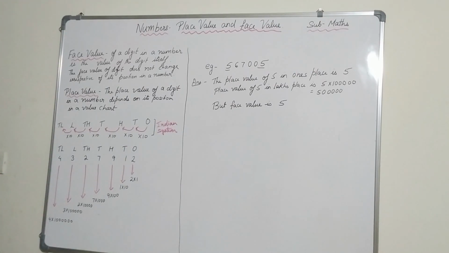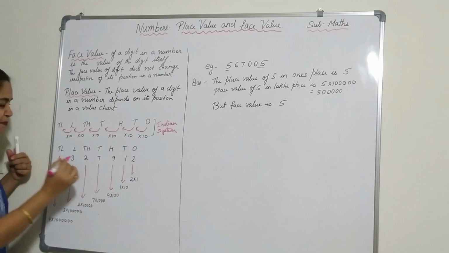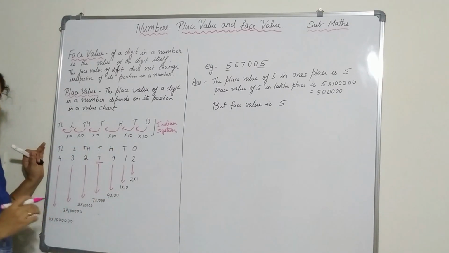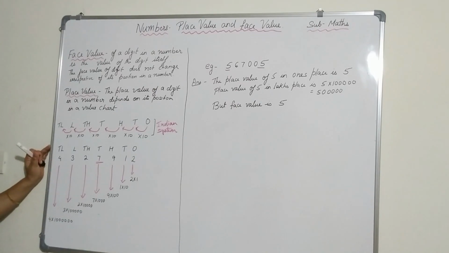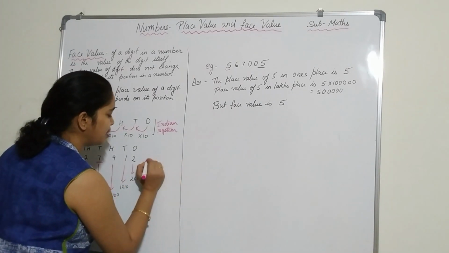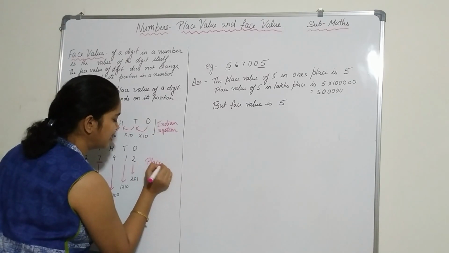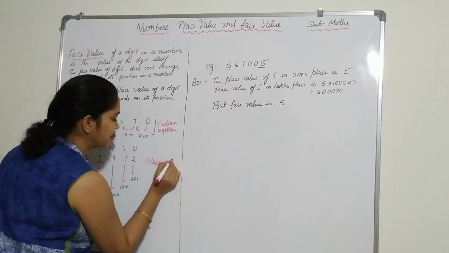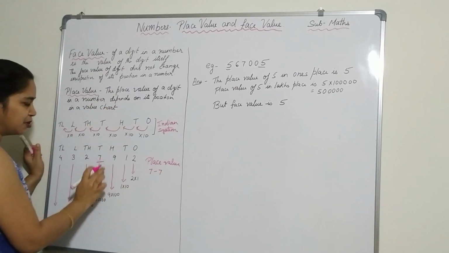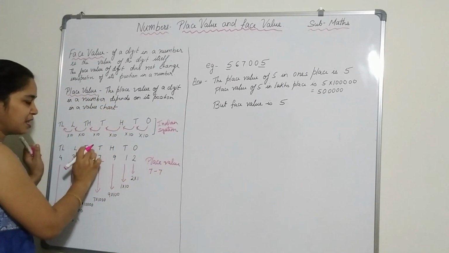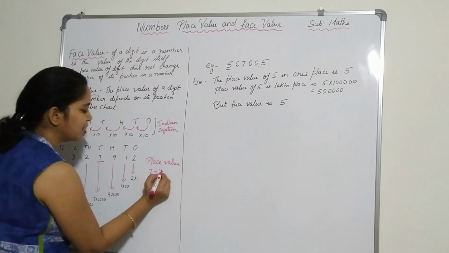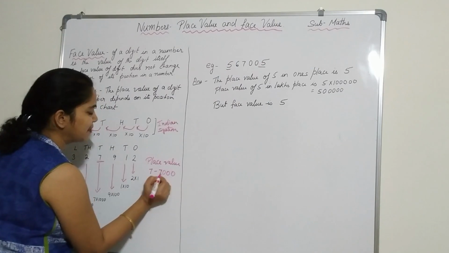So if I want to find the place value of 7 in this whole number, we can write the place value of 7: it is in the 1000 place, so 7 into 1000. So the place value will be 7000.